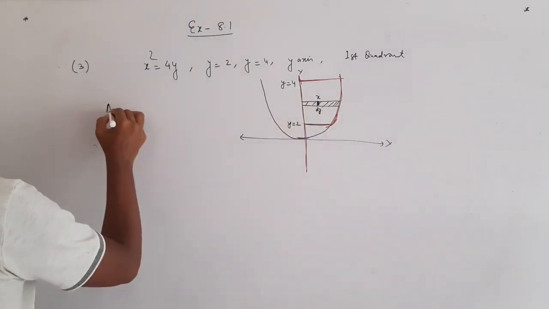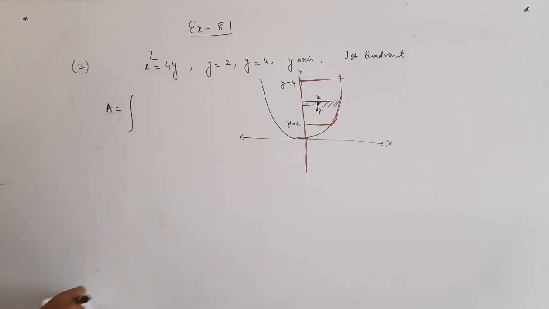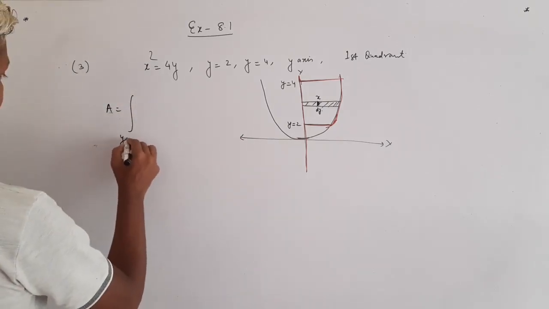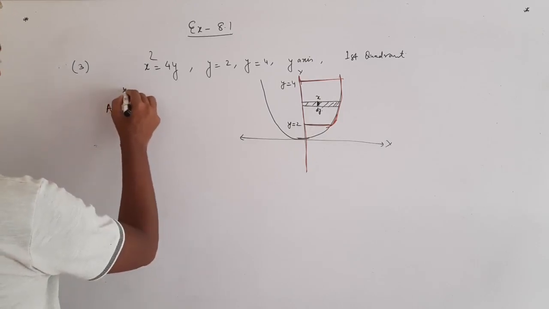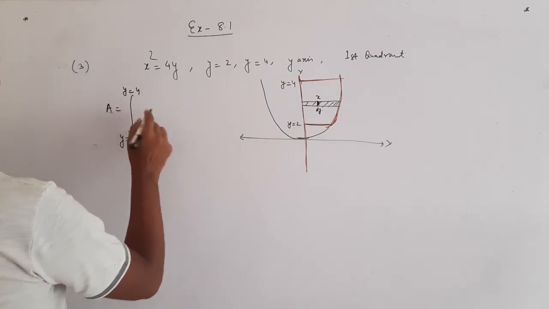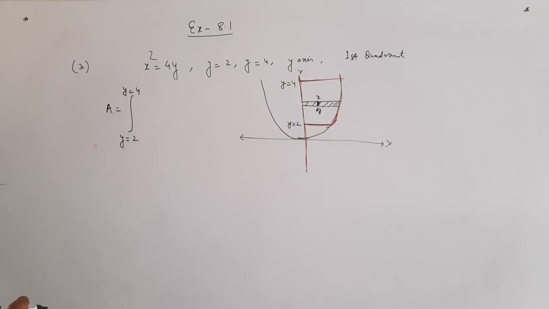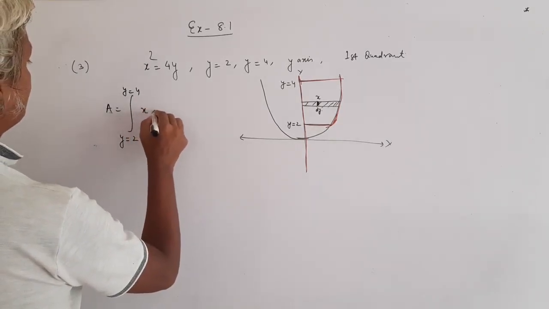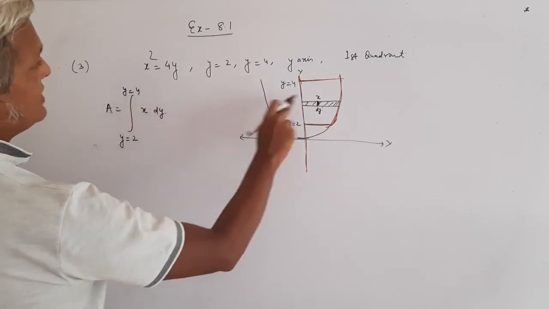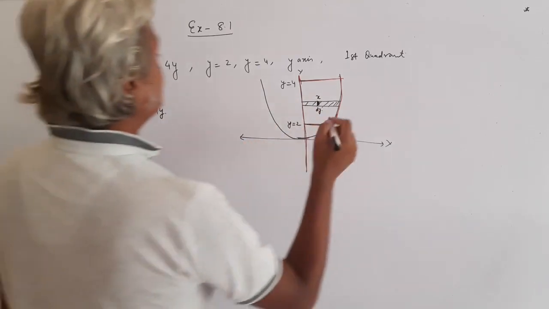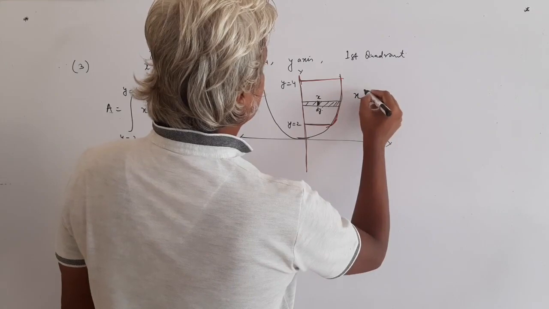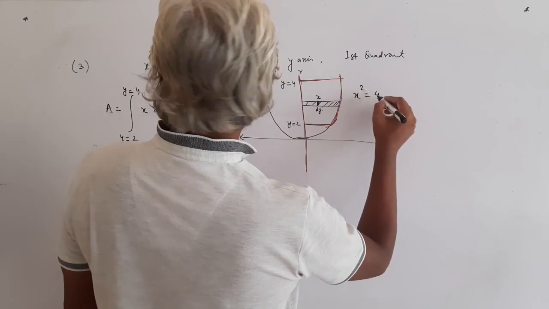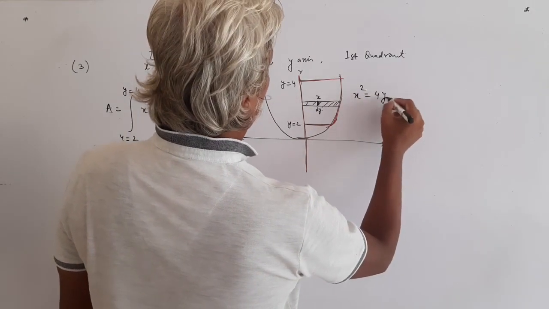So if I use integration, my limit changes from y equal to 2 to y equal to 4, and here we'll have x dy. Now what is the graph? The graph is x square equal to 4y.